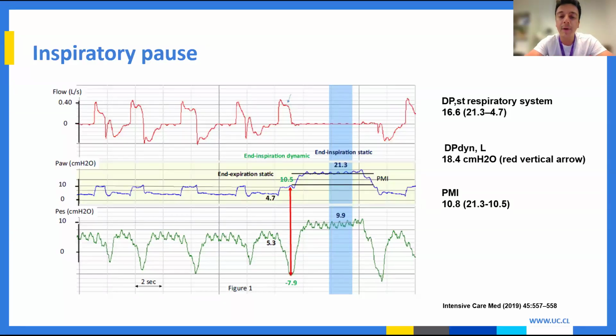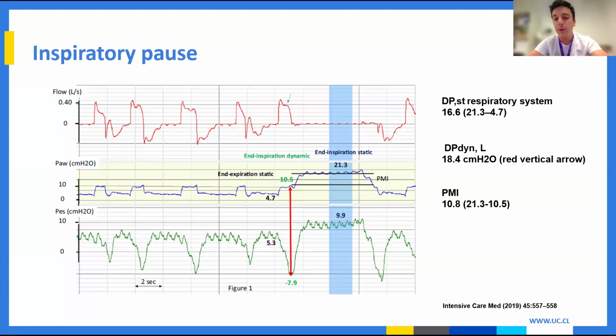If you also have esophageal pressure in this case, you can have the dynamic distending pressure, which is the red arrow here, and it's around 18.